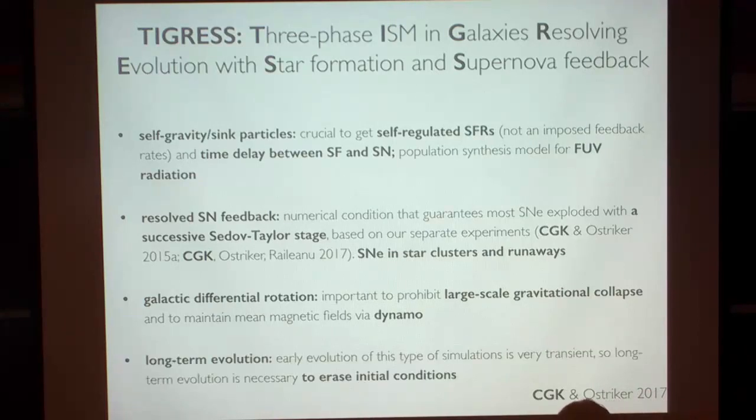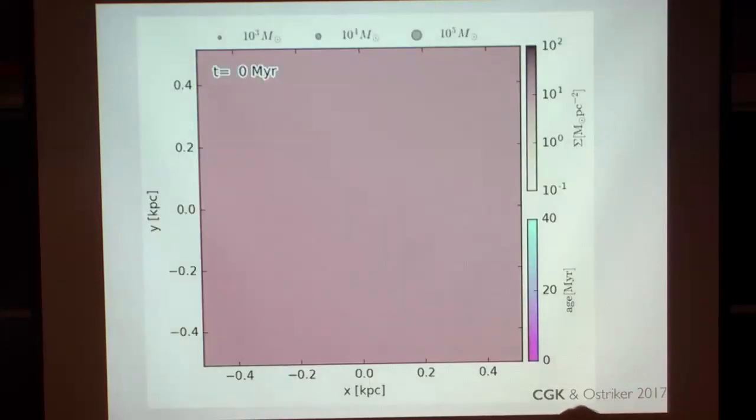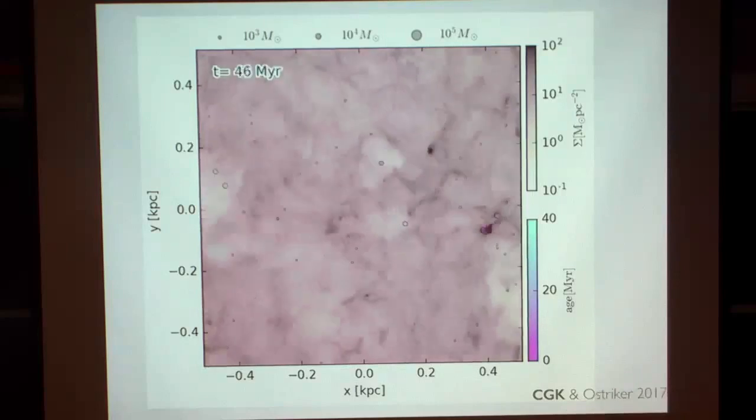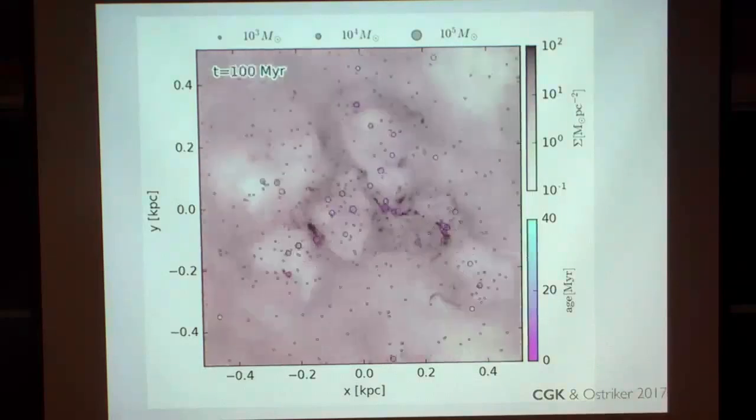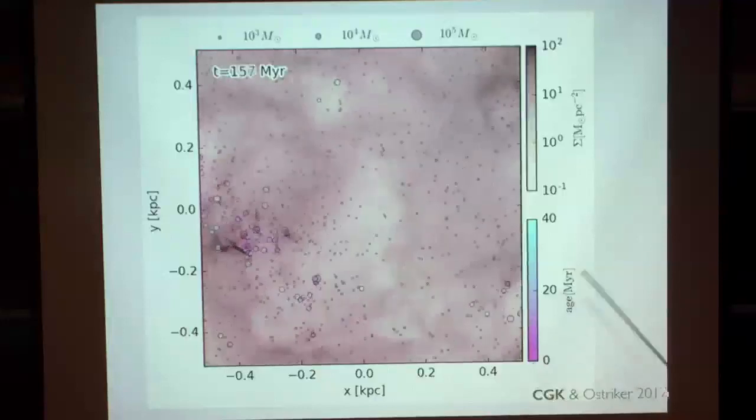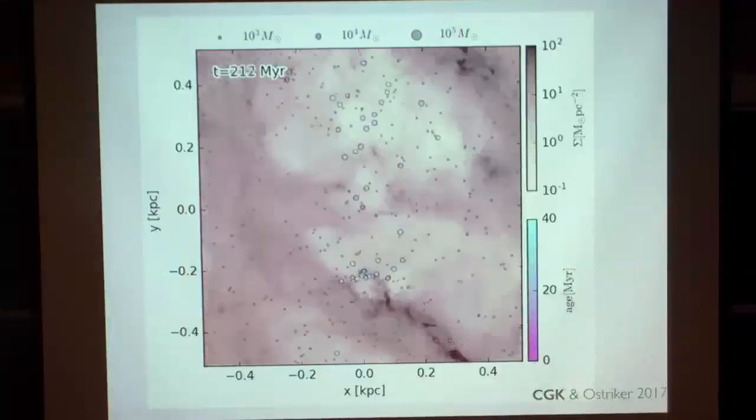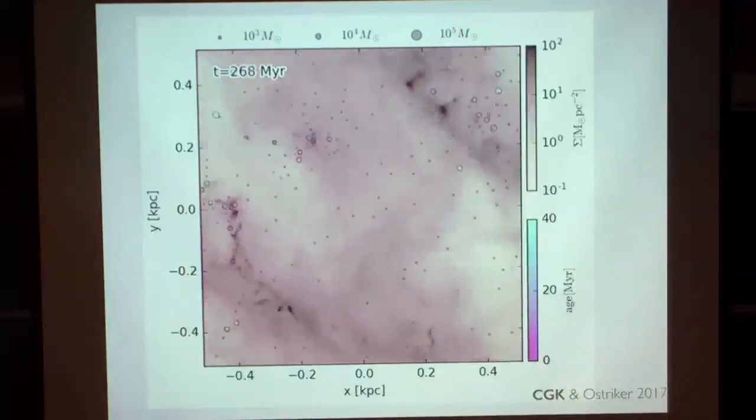Long-term evolution is quite important because, as you saw, the initial condition always needs to be artificial, and that will lead to some artificial evolution. So we need to run it long enough to reach a state that is free from those initial conditions. Here is the evolution of the simulation. You see those colored dots that represent star clusters that host lots of supernovae.